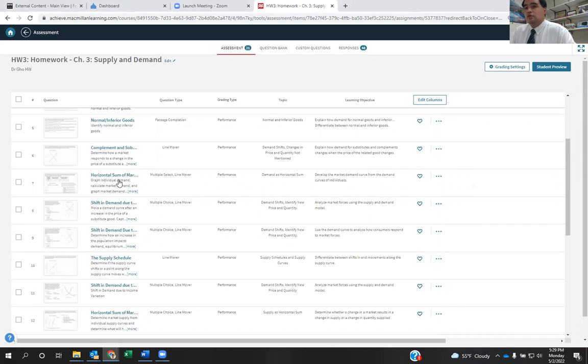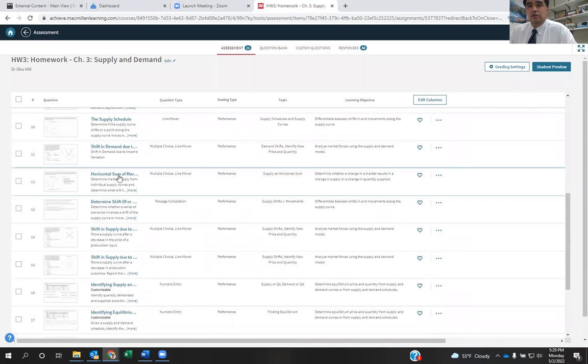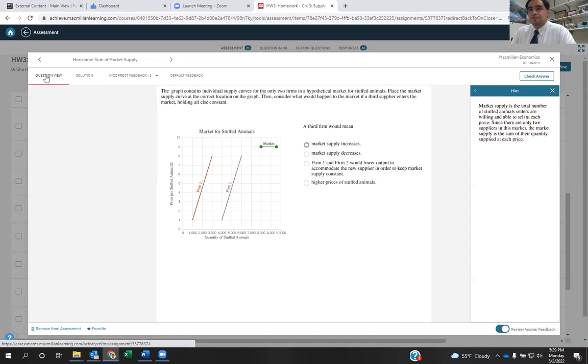Let's go to question number 12 now. Horizontal sum. So what happens? The graph contains a supply curve for 2 firms for stuffed animals. Place the market supply curve at the correct location on the graph. The market supply curve is a summation of both firm 1 and firm 2.